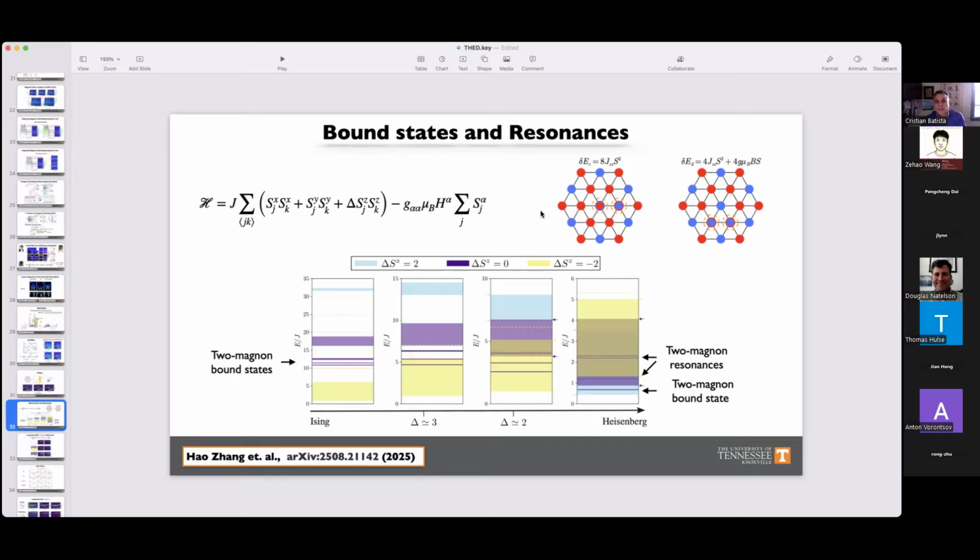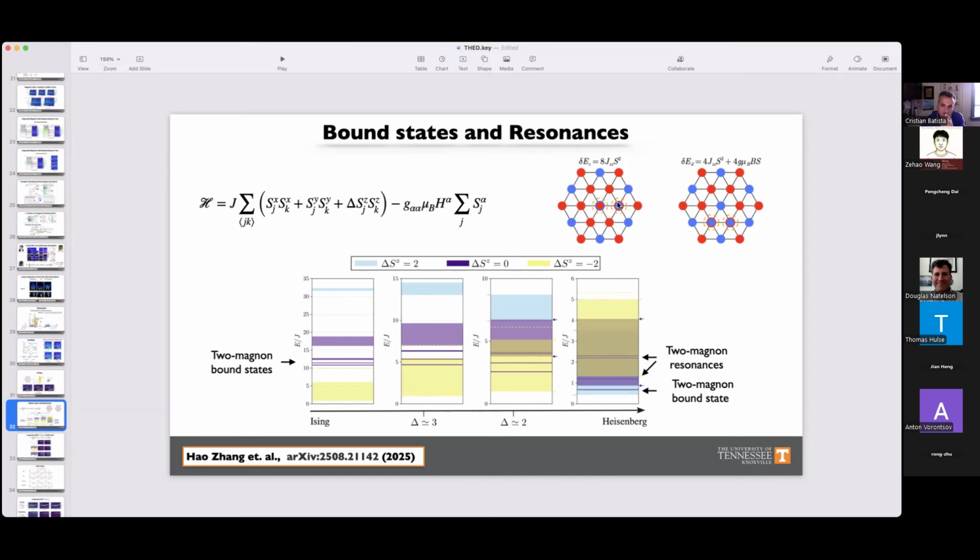And then, at a small finite field, we will have this kind of up-up-down phase, where two sublattices are red and one is blue. But we can flip 2 spins, one in the up sublattice and one in the down sublattice. And we can easily check that if we flip the 2 spins together, the energy is lower than if we flip them on sites that are separated from each other.